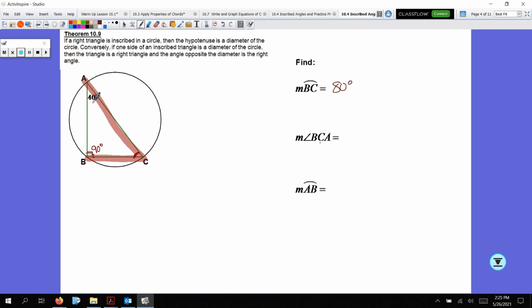Well, 40 and 90 is 130. It's a triangle. A triangle is 180 minus 130 gives me 50 degrees. So that's 50 degrees. Let me see if I can erase this without damaging. Oh, sorry. Oops, I went too far.